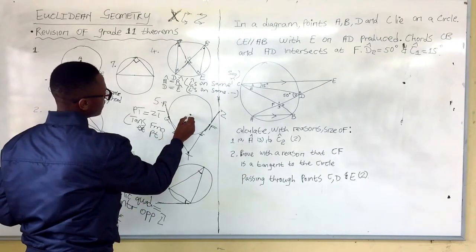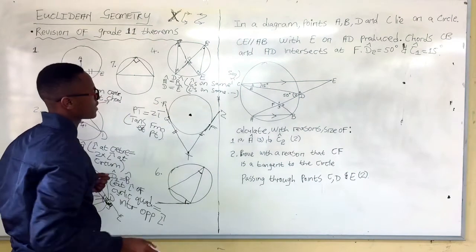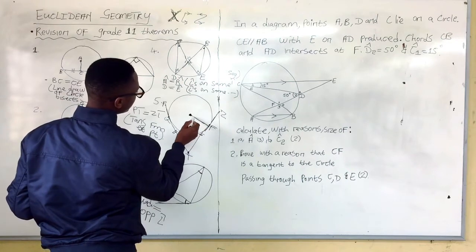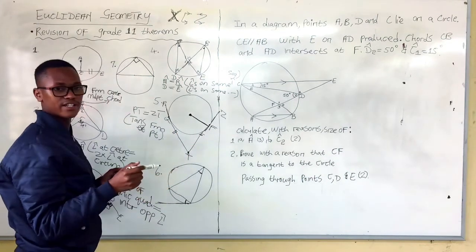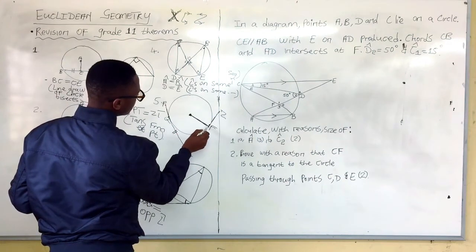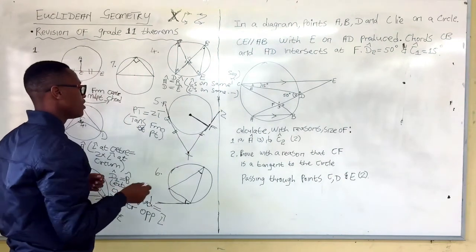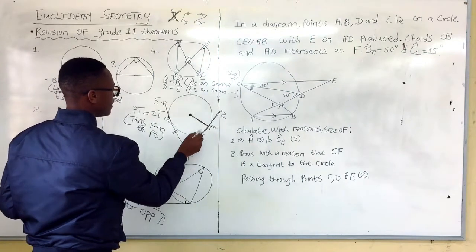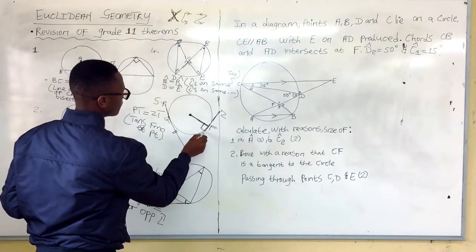Let's say in this circle we have the center, and then we have this line that we call a radius. We all know that a circle has a radius, right? A radius is half a diameter of a circle. When a radius touches our tangent, it forms an angle of 90 degrees.